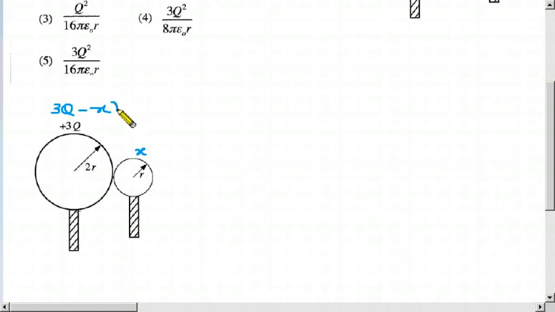This is the final remaining charge because x came to the other one. Previously the bigger one had 3q, so 3q minus x is the new value after becoming steady state.